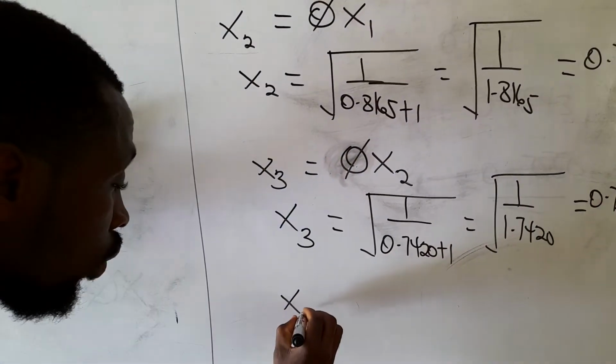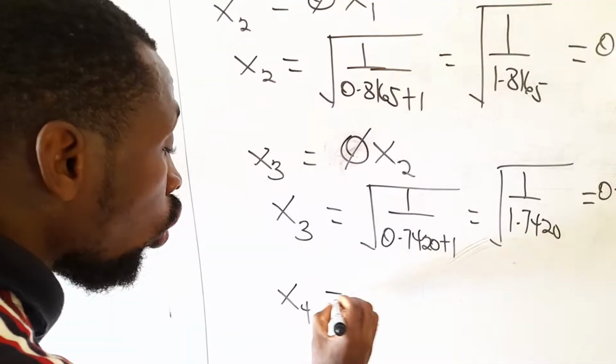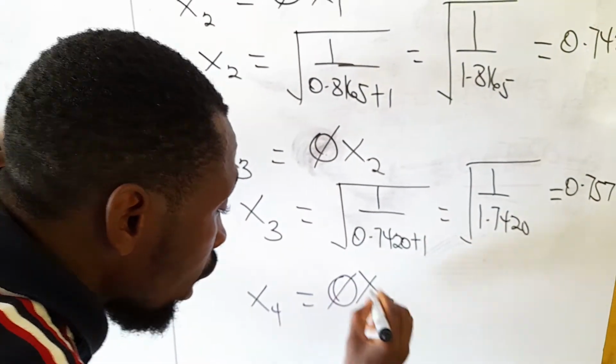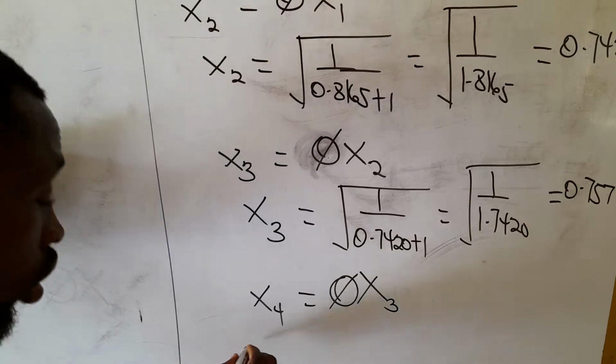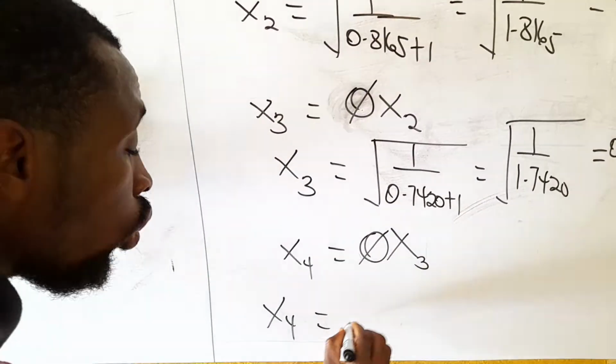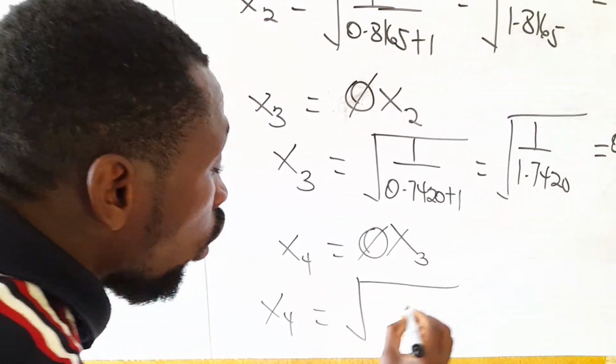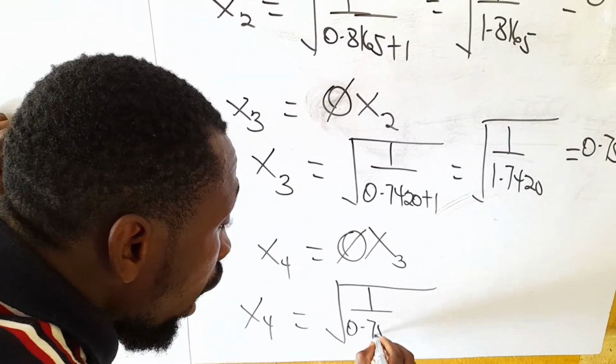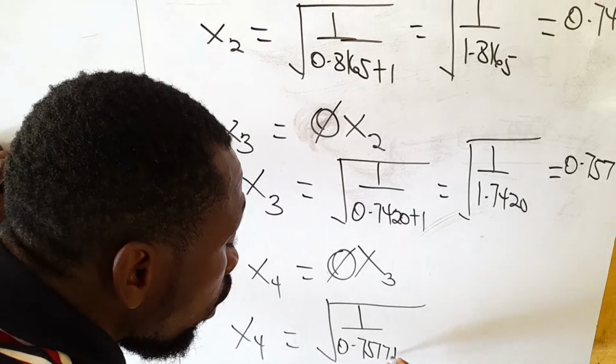So what will be our x4? Our x4 will be equal to the substitution of x3 in place of x. So our x4 therefore will be equal to the square root of 1 over 0.7577 plus 1.